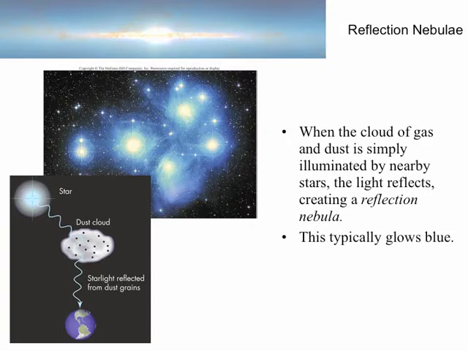Another weird effect that can happen is what we call a reflection nebula, where the light sort of reflects off of the dust in an interesting optical way. And then you see that it's sort of blue in this image here.